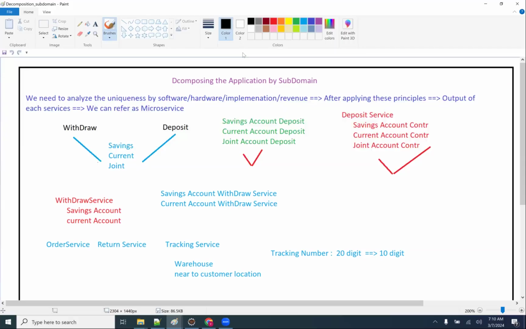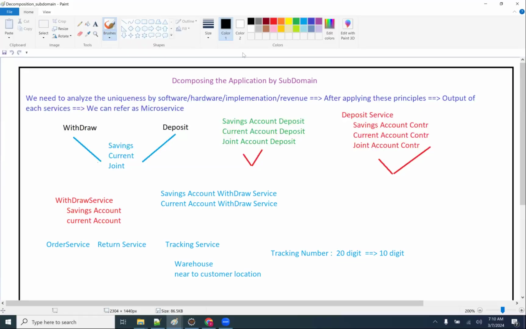even though you divide the services into different minute capabilities, there is no business benefit. That's why, after applying software, hardware, implementation and revenue, we can think of only a withdraw service.